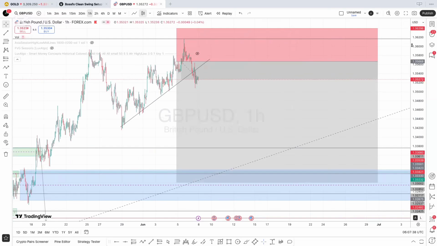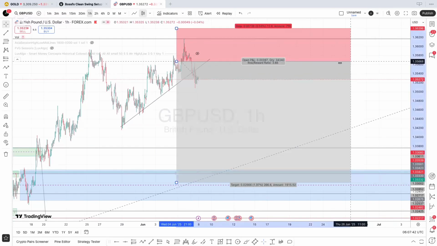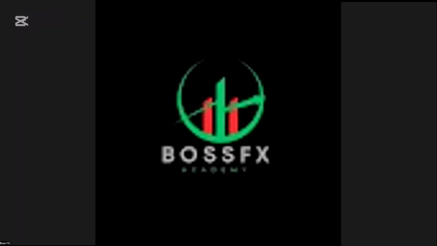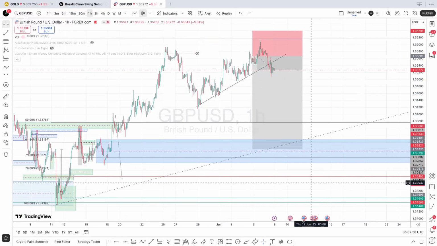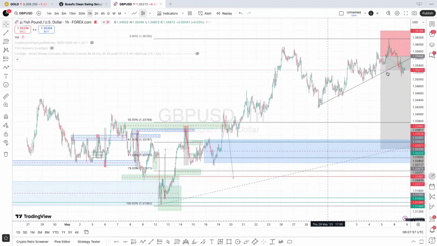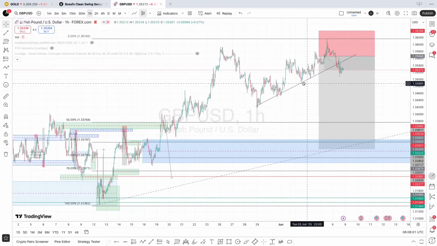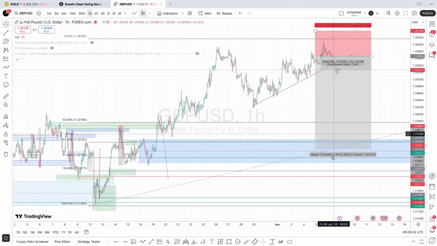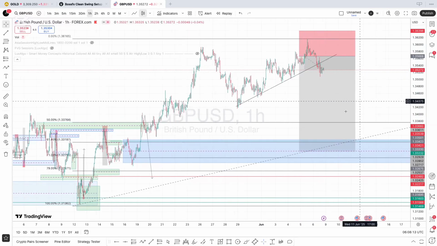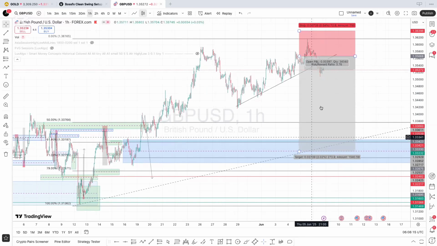That's how massive it can be when you do top down analysis. When you do top down analysis, you have high potential pips to take, and oftentimes you tend to swing. So let's hope the market plays out as we projected.